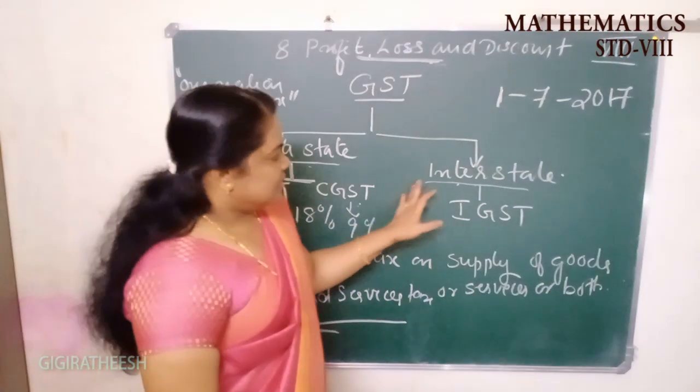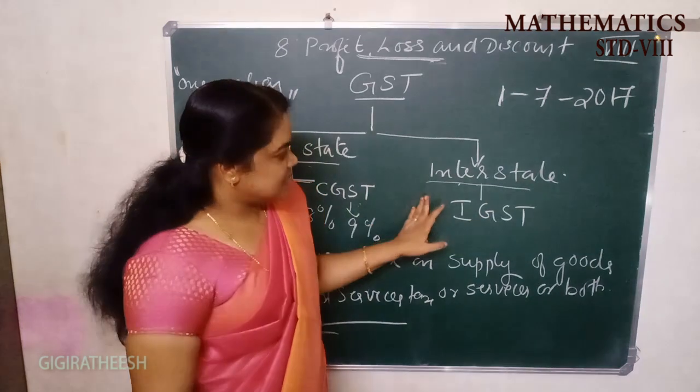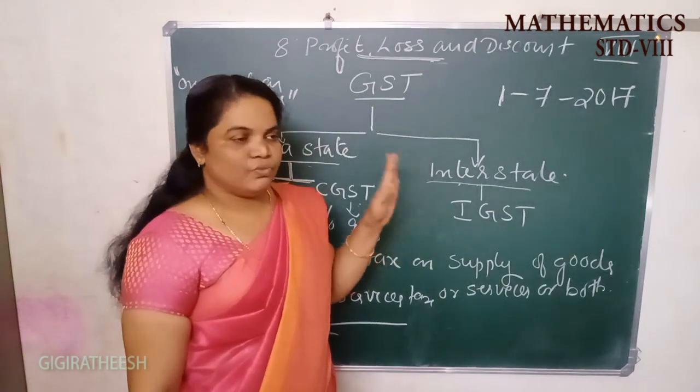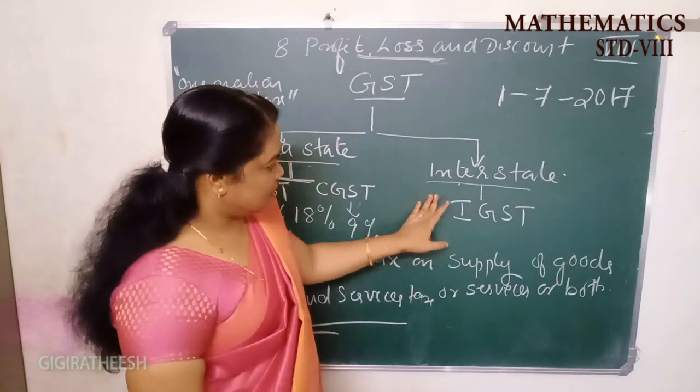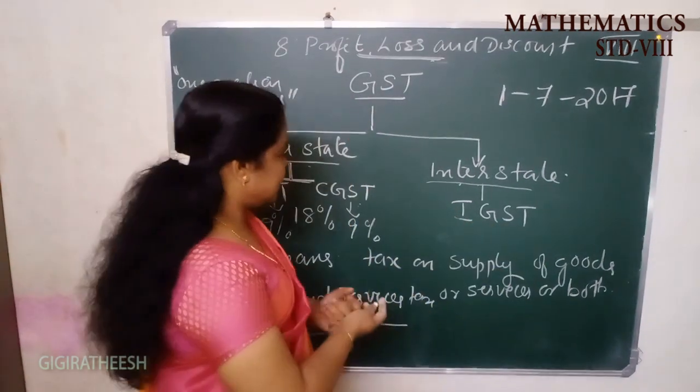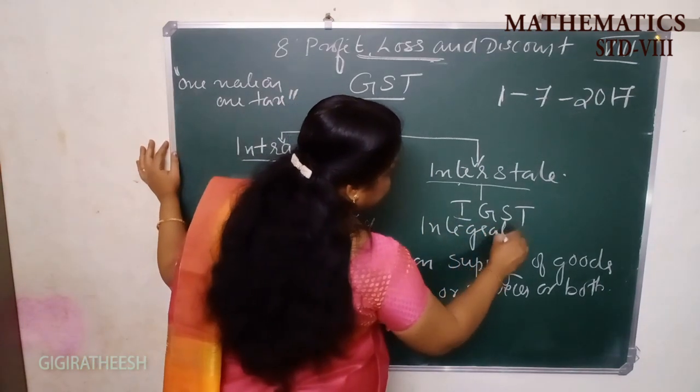In the second case, the interstate transaction, that means from one state to another state, only IGST is calculated. IGST means integrated GST.